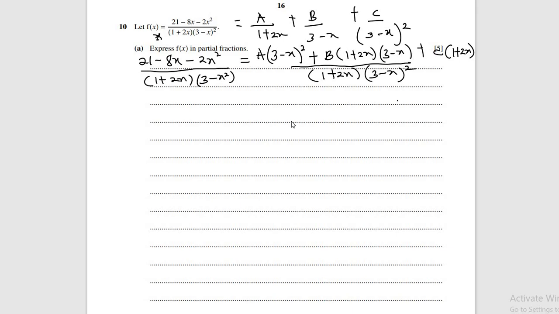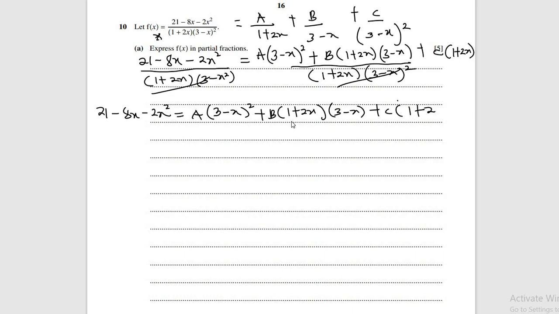So we cancel out the denominators. What is left is 21 minus 8x minus 2x squared equal to A into bracket 3 minus x all squared plus B into bracket 1 plus 2x, 3 minus x plus C into bracket 1 plus 2x.